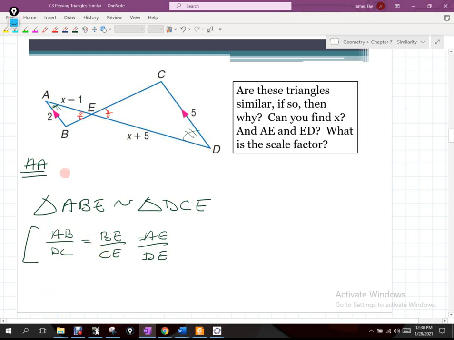Okay, so plugging in these things, I know AB is 2, CD is 5. I don't know the ratio of BE and CE, but I do know AE is x minus 1 and DE is x plus 5.